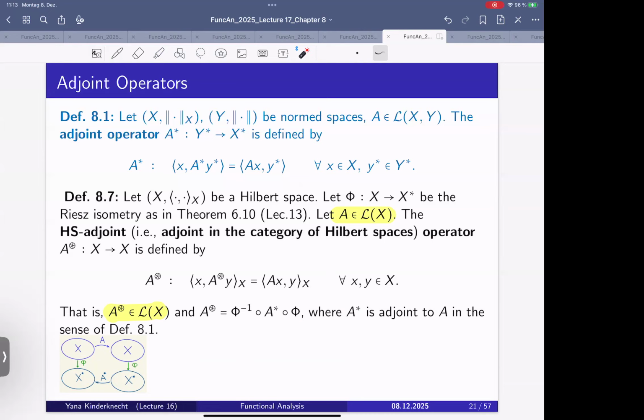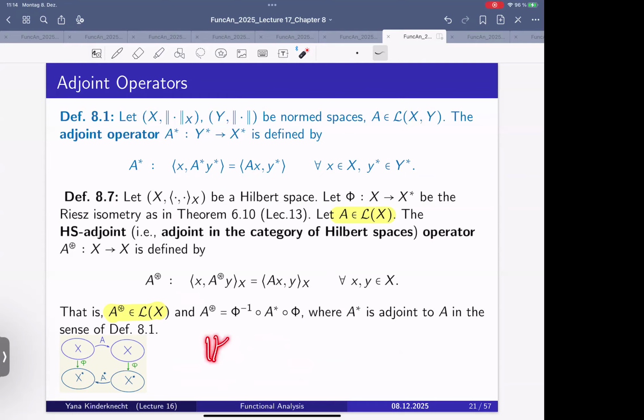Okay, thanks. Perfect. And now a small technical thing, because here we have duality and here we have scalar product. If my K is just real numbers, then everything is perfect. We just make a point here and that's it.